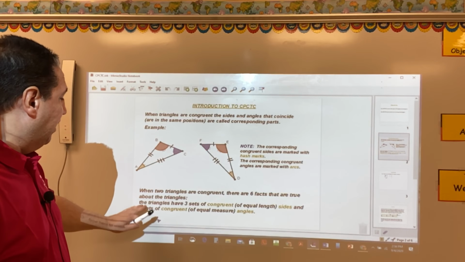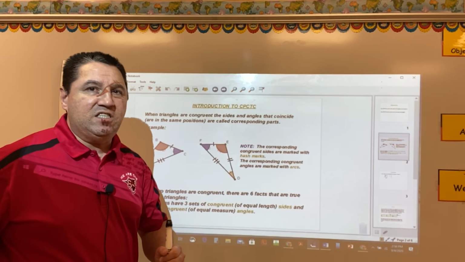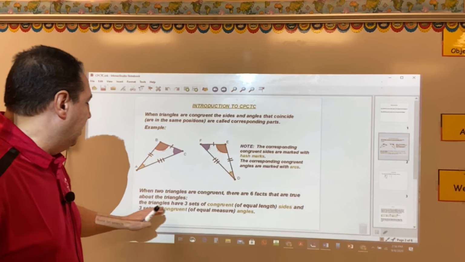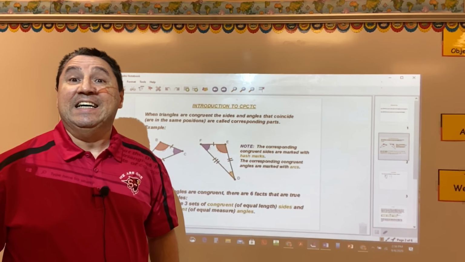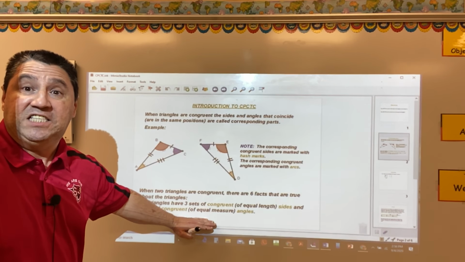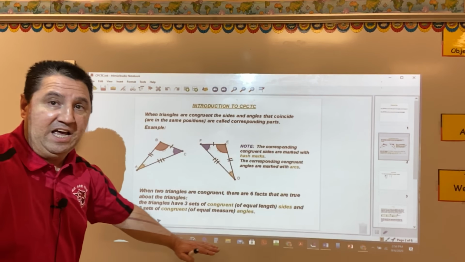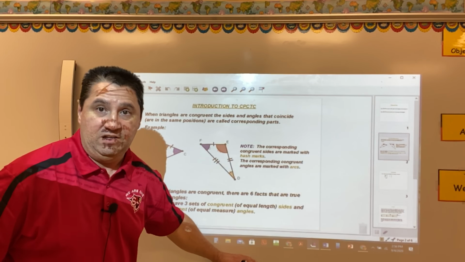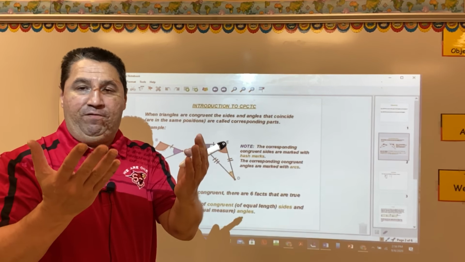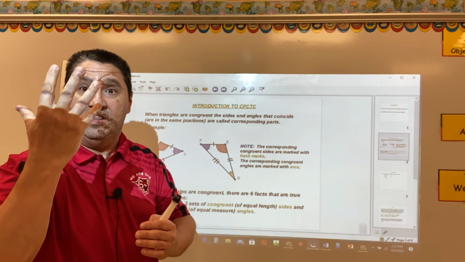When two triangles are congruent, there are 6 facts, or 6 parts, that are true about the triangles. The triangles have 3 sets of congruent sides and 3 sets of congruent angles. Remember, a triangle is a geometric figure consisting of 3 sides and 3 angles.